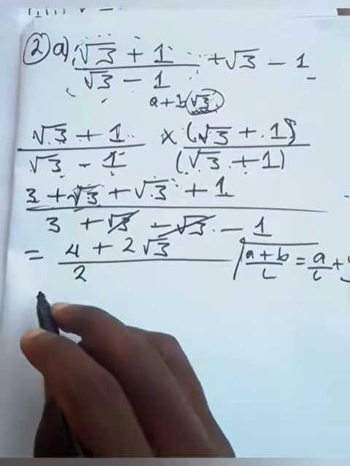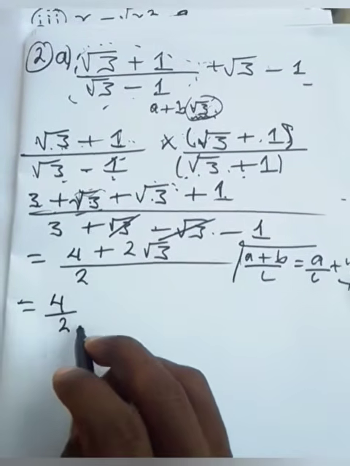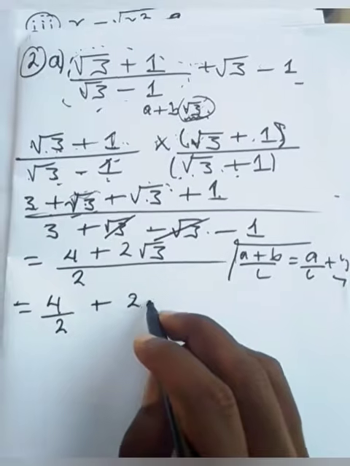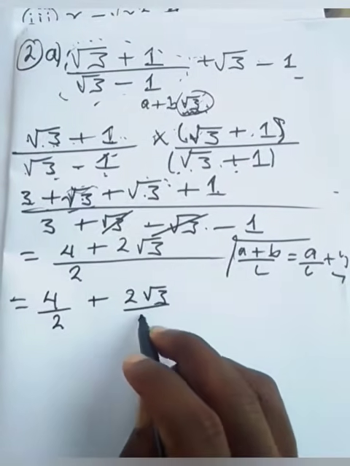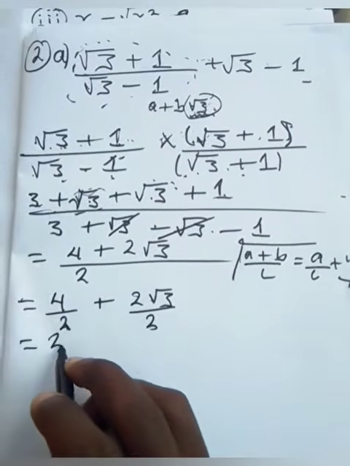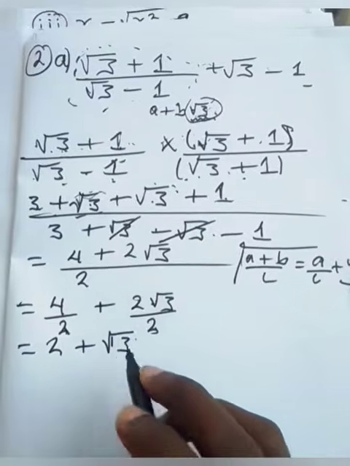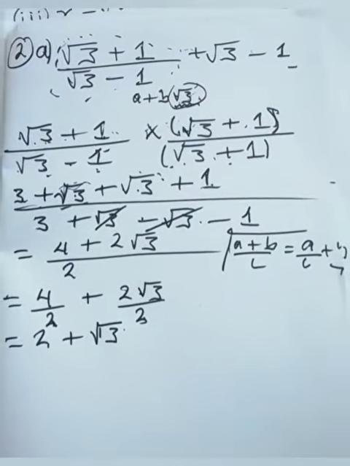So we split this by writing 4 over 2 plus 2 square root of 3 over 2, then simplify. 2 into 4 is 2, 2 into 2 is 1, so we just remain with 2 plus square root of 3.